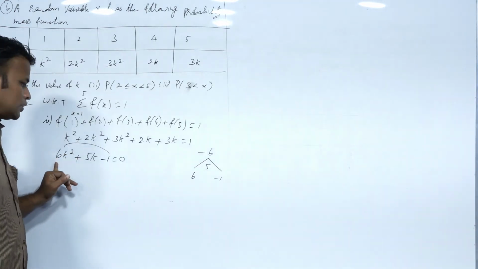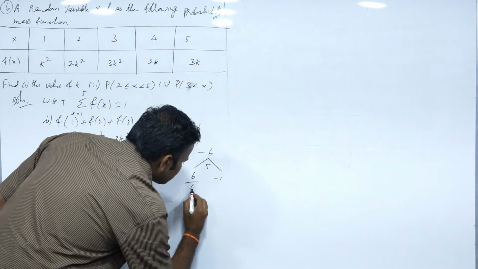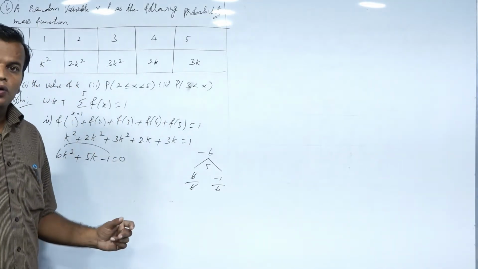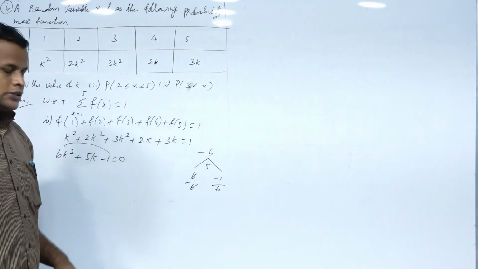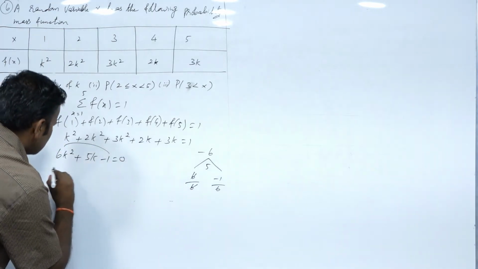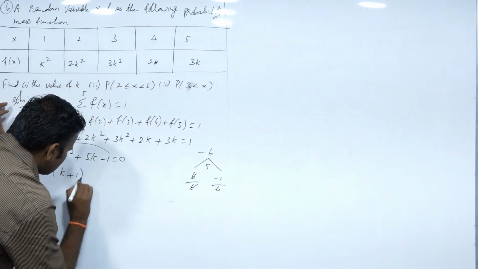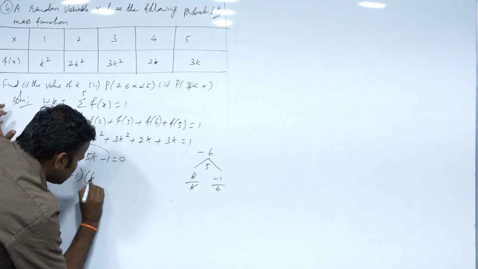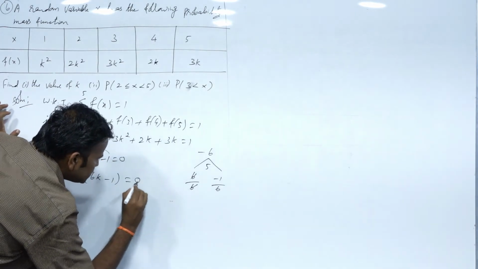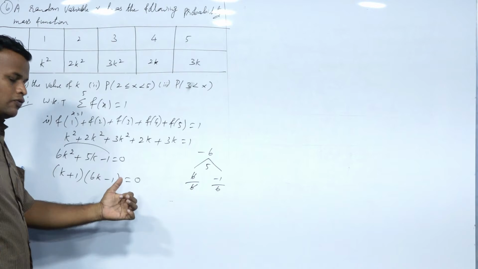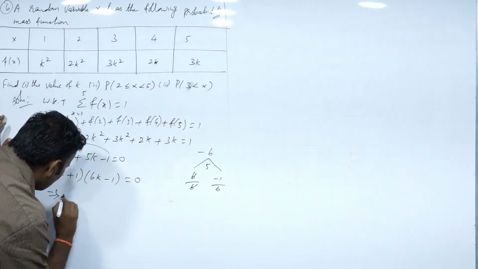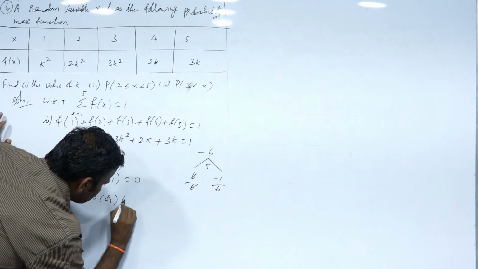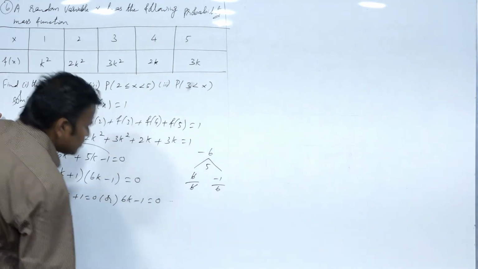But the coefficient of k square is there, so divide by 6. You know very well the denominator is the coefficient of k and the numerator is the constant. Here both are 1, so k plus 1. And here the denominator is the coefficient of k, so 6 is there. 6k minus 1 is equal to 0. To write in factor form, either k plus 1 is equal to 0 or 6k minus 1 is equal to 0.